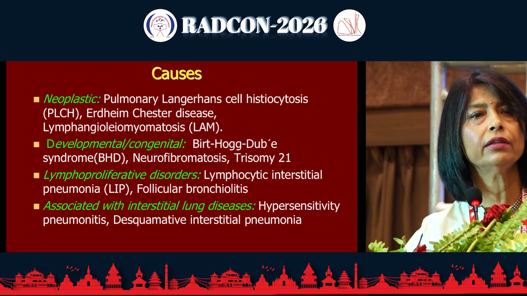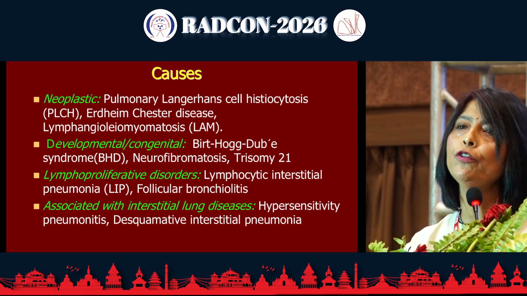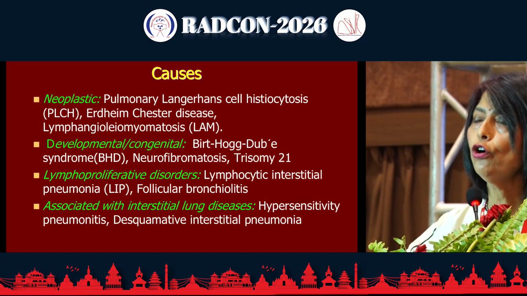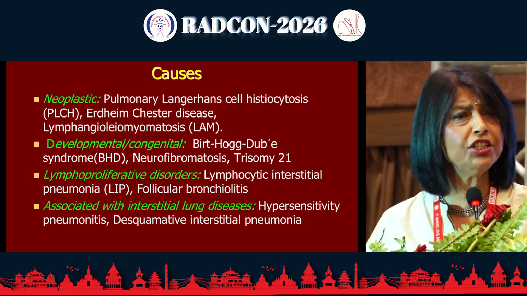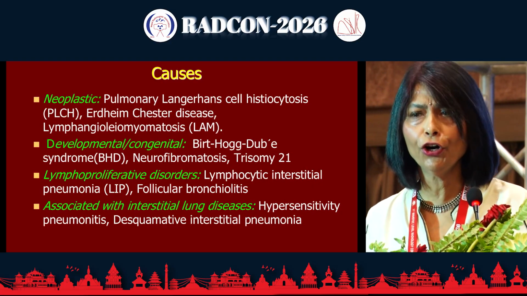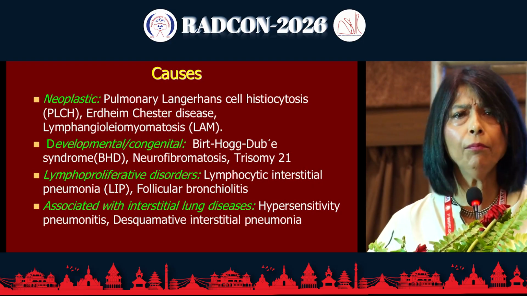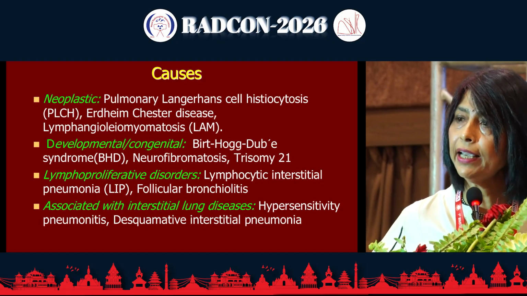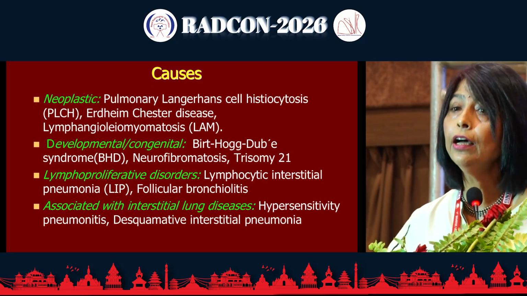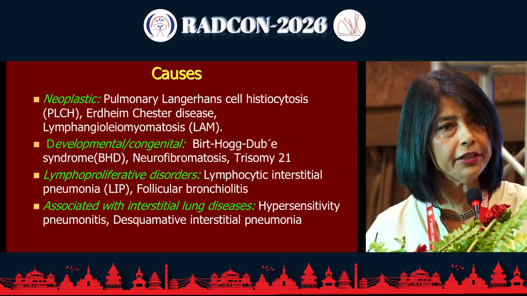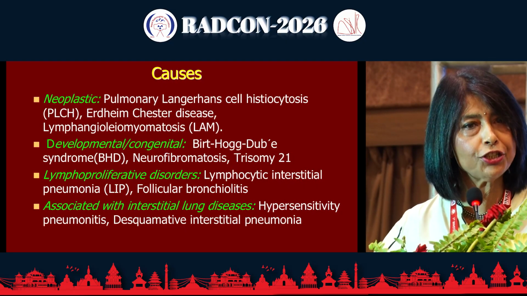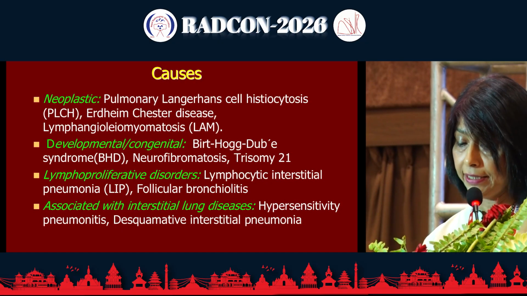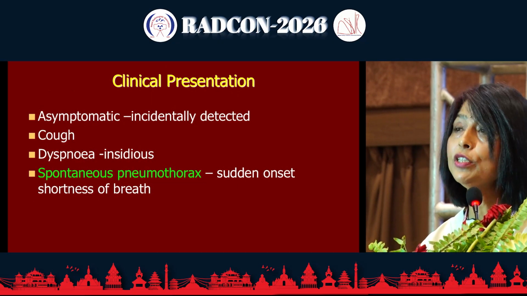Like we tell students preparing for exams, if you are asked the differentials of anything, even if you don't know anything, you will start with congenital, infective, autoimmune, neoplastic, and mostly you'll be correct even if you don't know what comes under that. The same thing applies to cystic lung disease. You will start with congenital, infective, interstitial, autoimmune, neoplastic; all those can be cystic lung diseases. So let's see how all those can be.